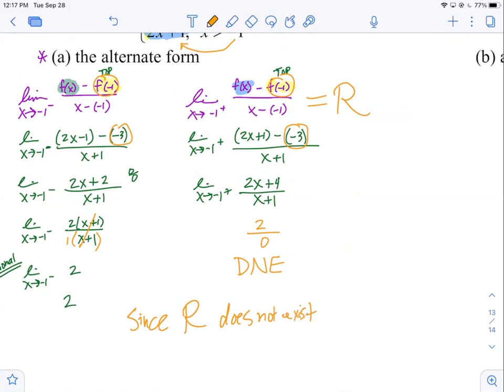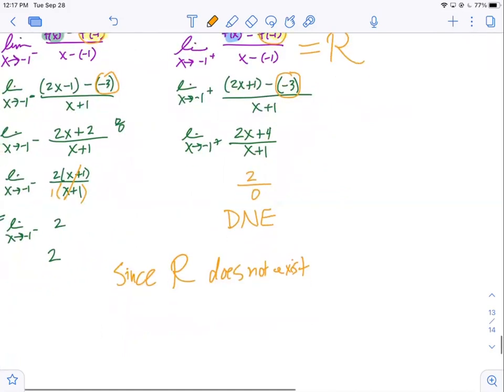Otherwise, you're going to have to say, since the right-sided limit does not exist, or since, and then you have to write this whole expression again. Yes, absolutely. As long as there's not a sharing violation, like if you're using R for something else in the problem. But yeah, you can label it, and then you can refer to it. Since R does not exist, comma, f is not differentiable at x equals -1.